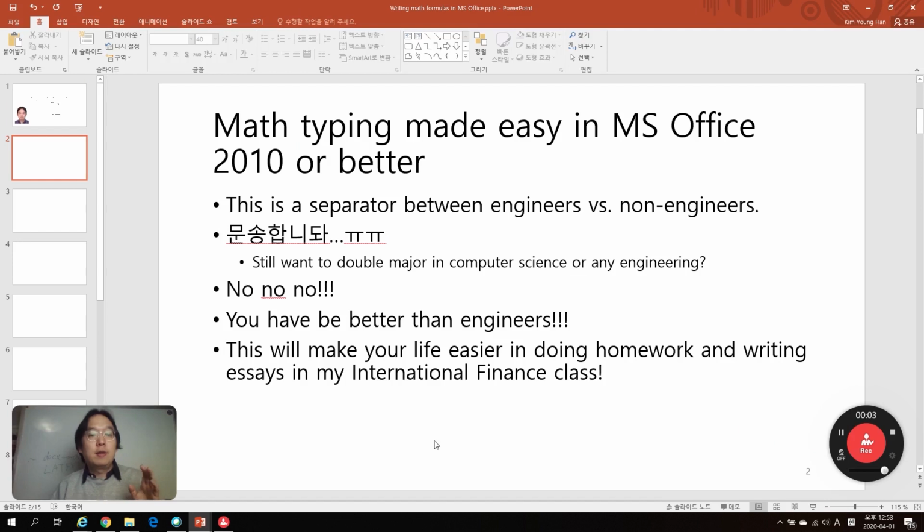The Global Business Administration guys, you can never say 문송합니다. You have to be bidextrous in both business and engineering. At least you should be able to type that math in Word or PowerPoint kind of things.